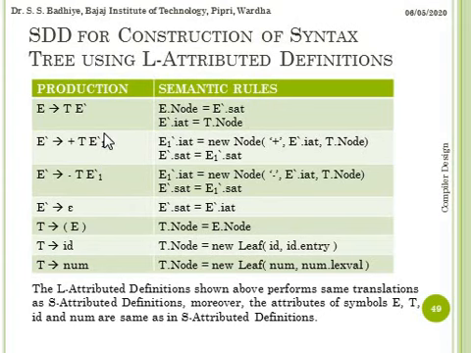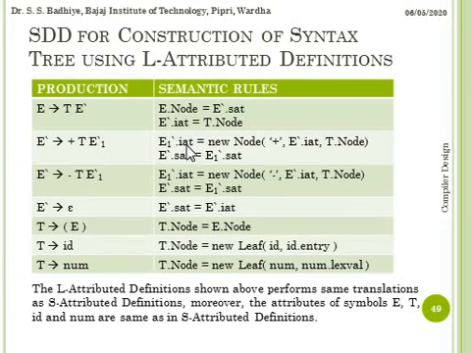That means suppose this is E dash 1, so at this point it represents the left part of the subtree which is constructed, that is up to plus t, suppose, right, the value of T dot node, right? So when this rule is executed, what will happen?